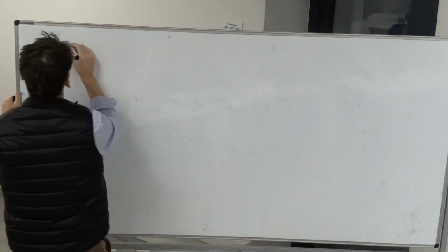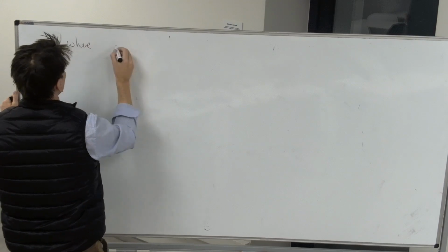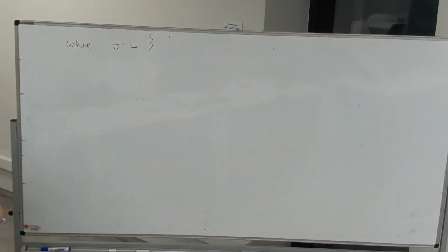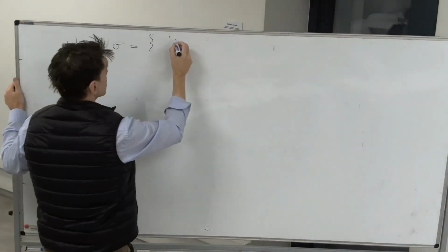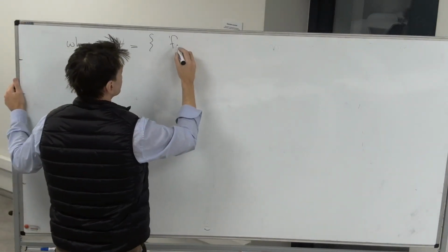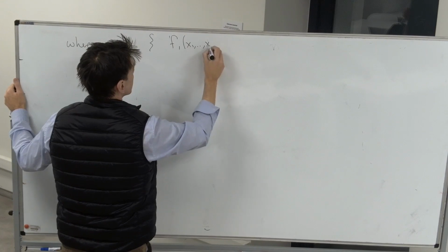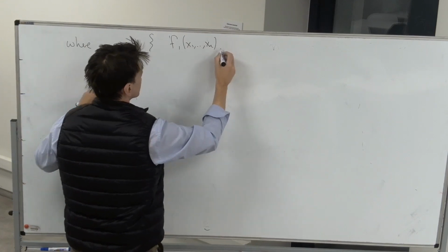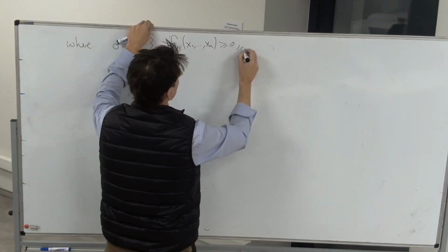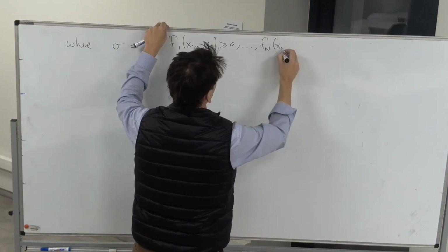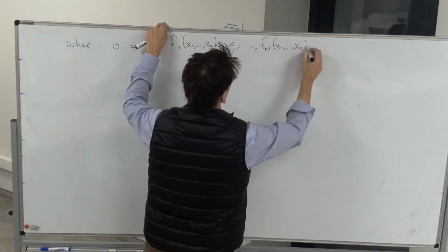Where sigma is a region defined by polynomial inequalities. So f1(x1, ..., xn) bigger than or equal to 0, ..., fn(x1, ..., xn) bigger than or equal to 0.